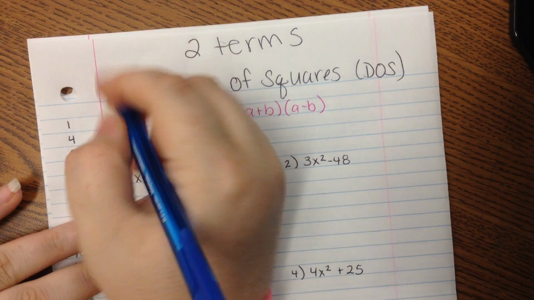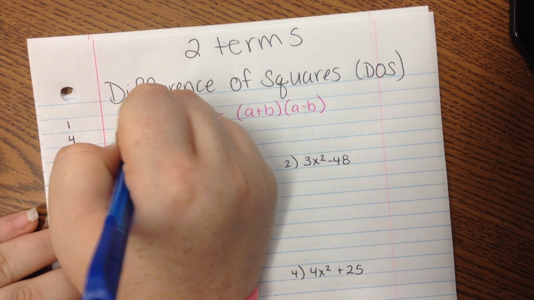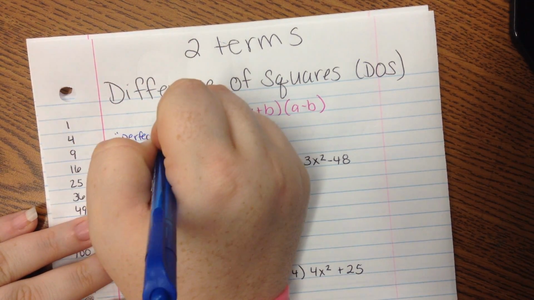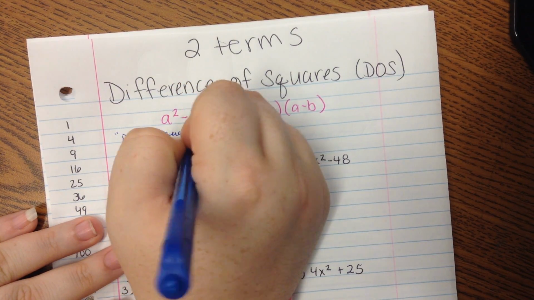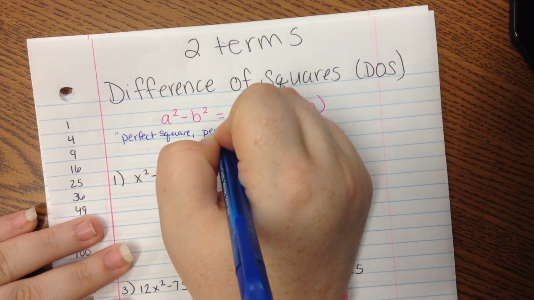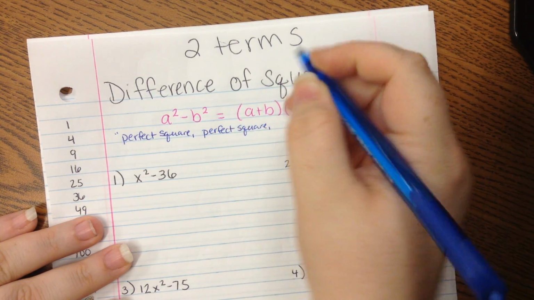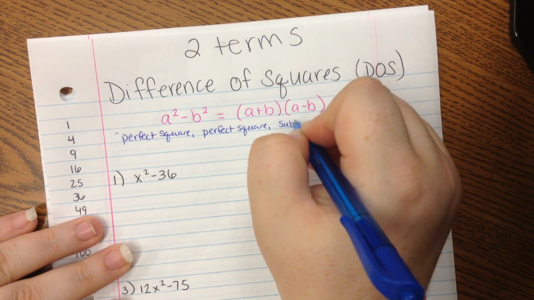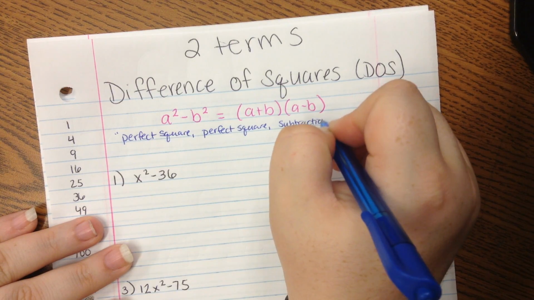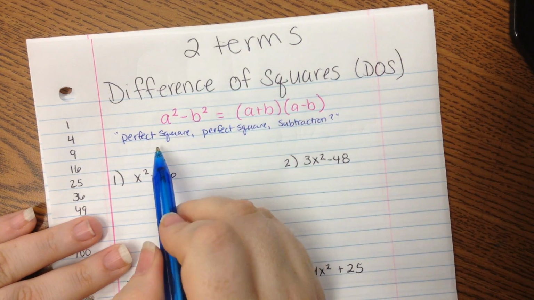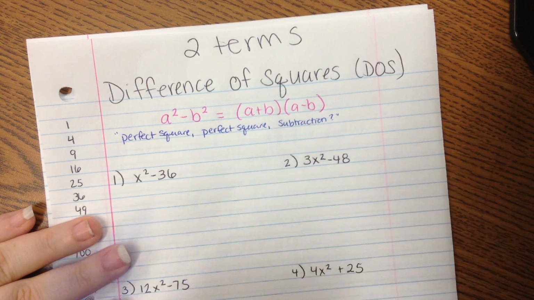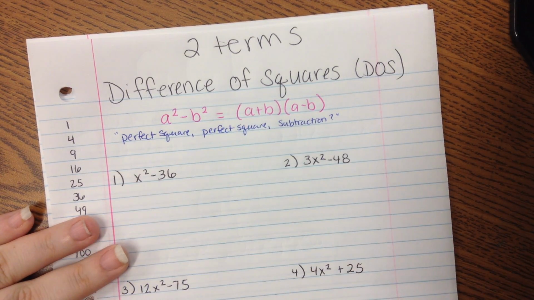So what you're looking for is, do you have a perfect square, another perfect square, and do you have a subtraction? If you have a perfect square, another perfect square, and a subtraction symbol, then that means that you can factor this using difference of squares.